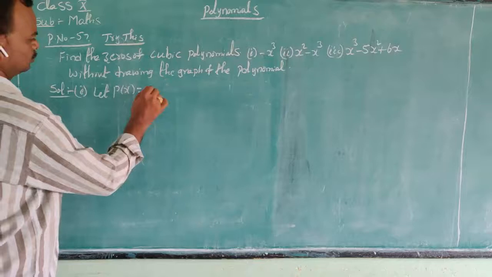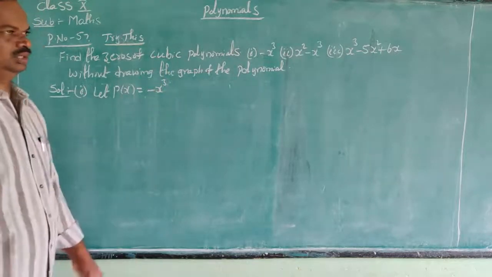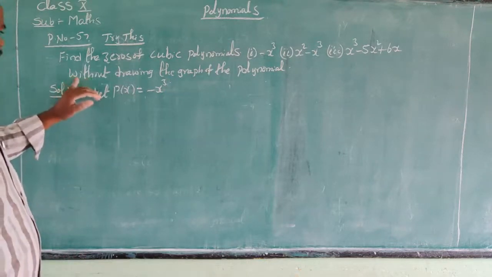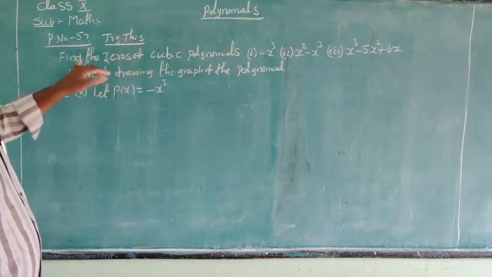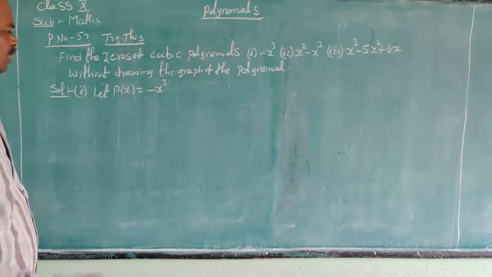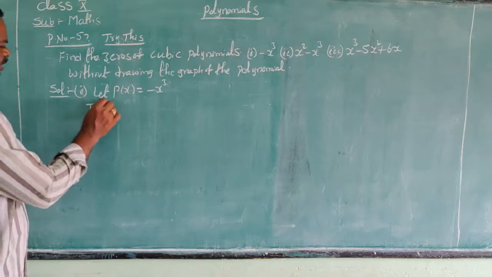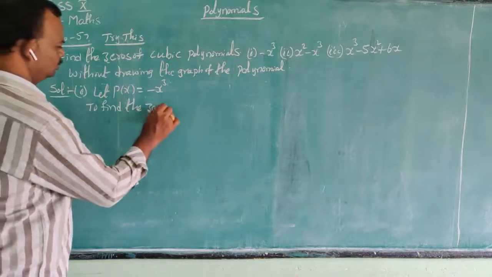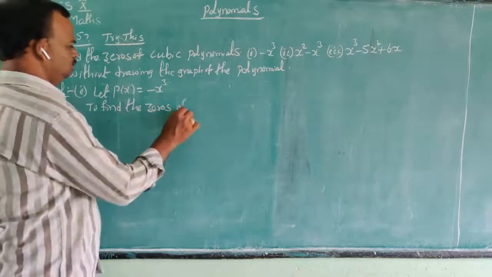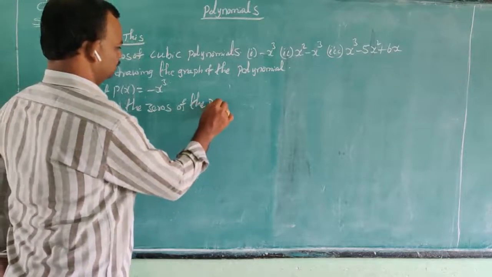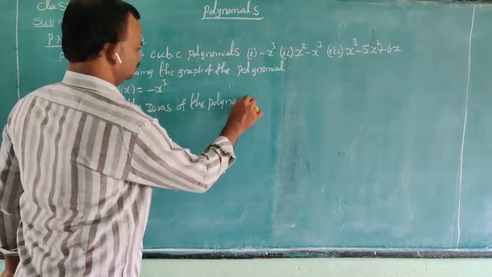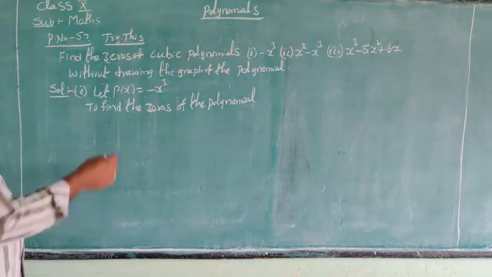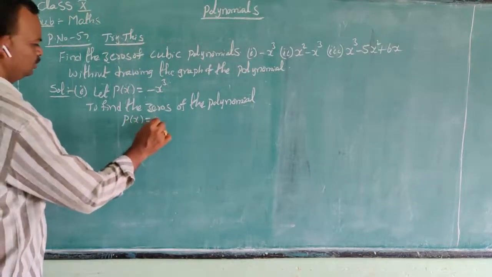p of x is equal to minus x cube. Let p of x is equal to minus x cube. Find the zeros of the polynomial. To find the zeros of the polynomial, p of x is equal to 0.